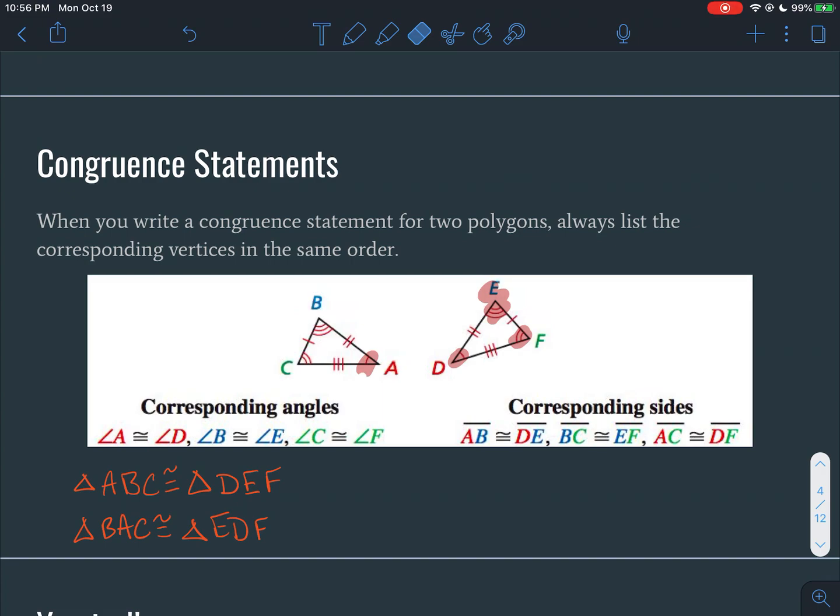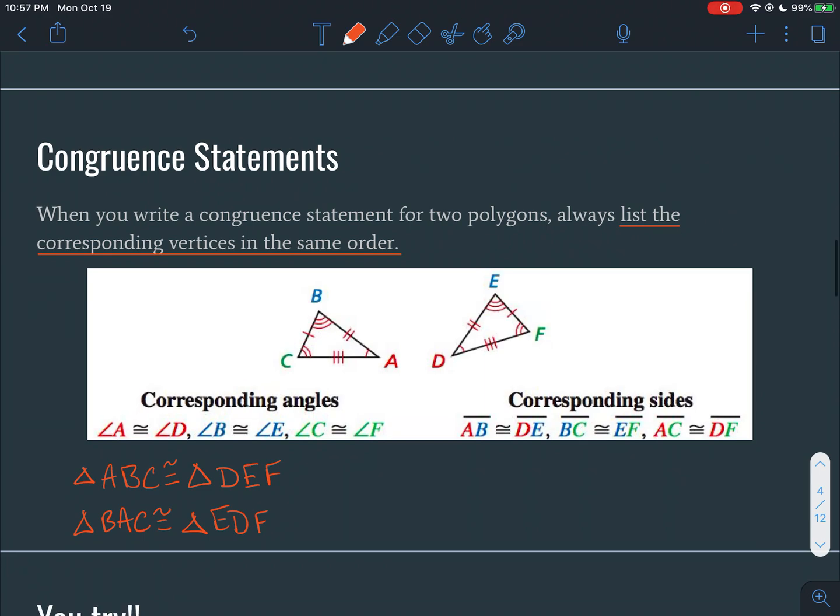List the corresponding corners, or the corresponding vertices, in the same order.